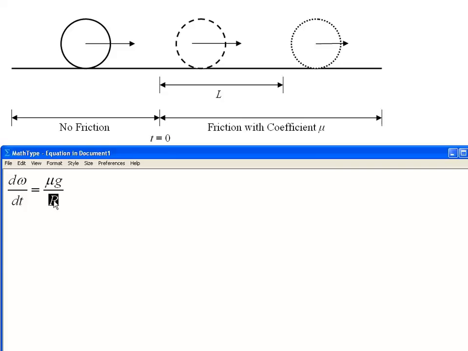We can perform a separation of variables on it, cross-multiply the r to the left side, and cross-multiply the dt to the right side. We can now integrate each side.